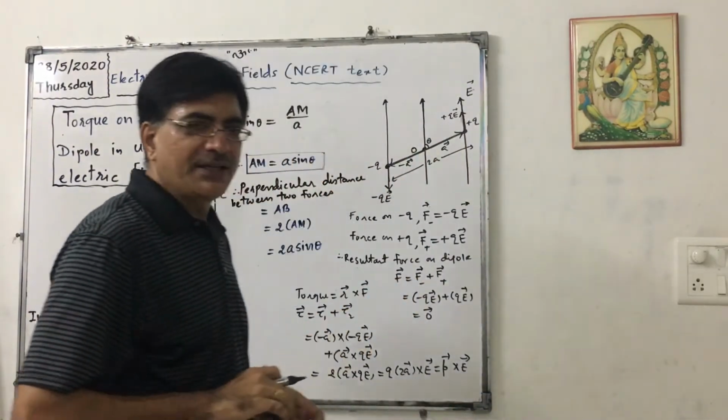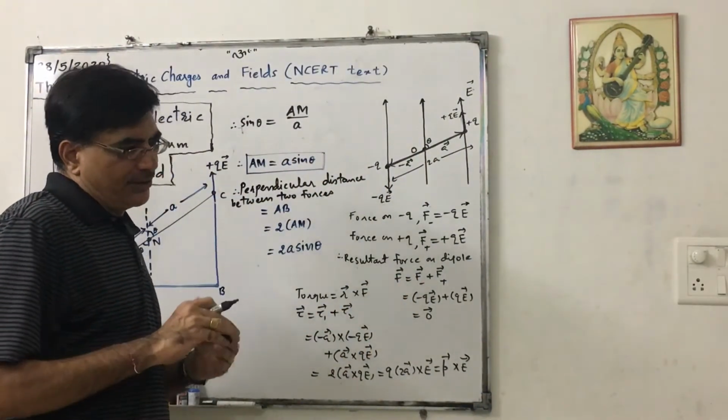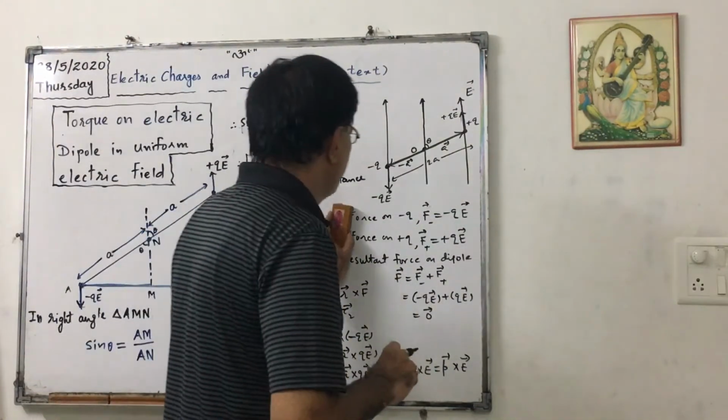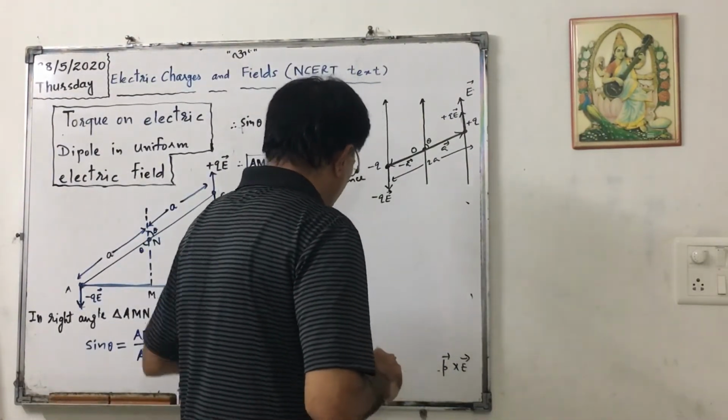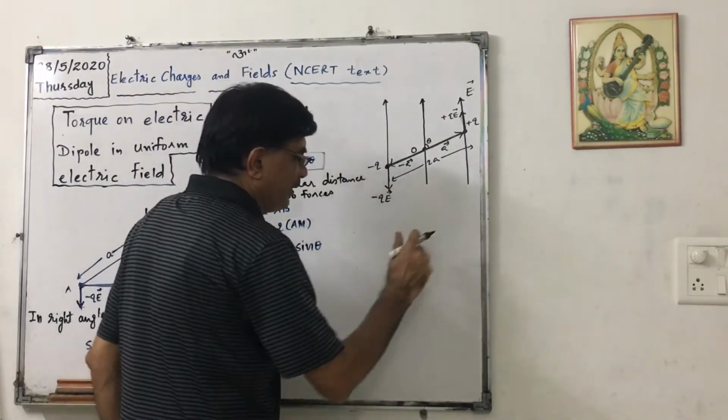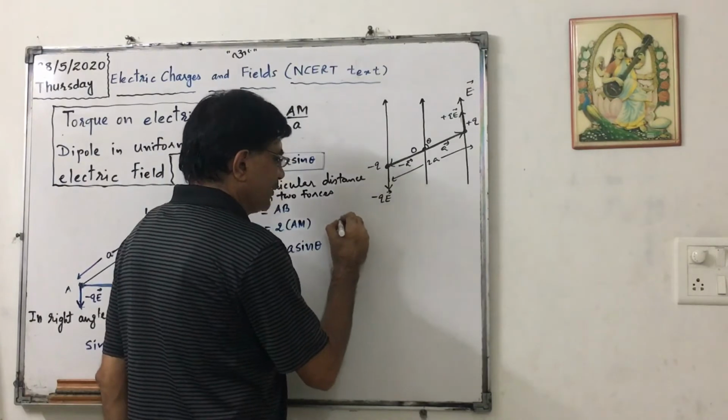So this is one method to obtain torque on electric dipole placed in uniform electric field. But in our NCERT textbook, they have used another method. So let us understand that method. For that, they have used this formula that we have learned in standard 11th.